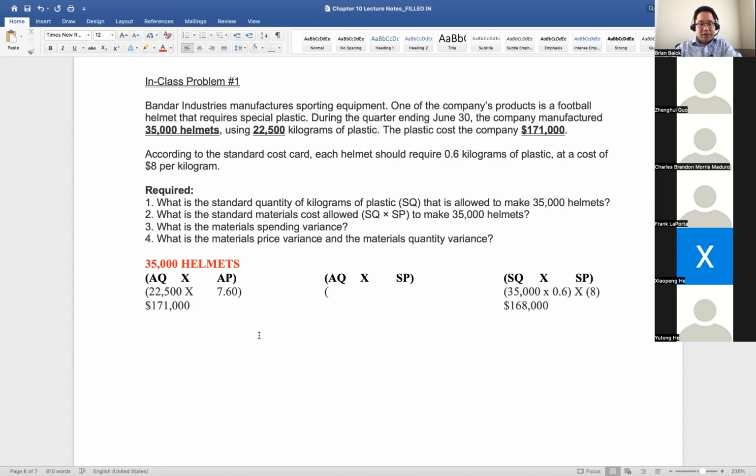AQ is 22,500, and SP is, I think, 8, right? And then what do we get in the middle? 180,000. I put dollar signs, but you don't have to if you don't want to. Any questions on how I got these numbers?